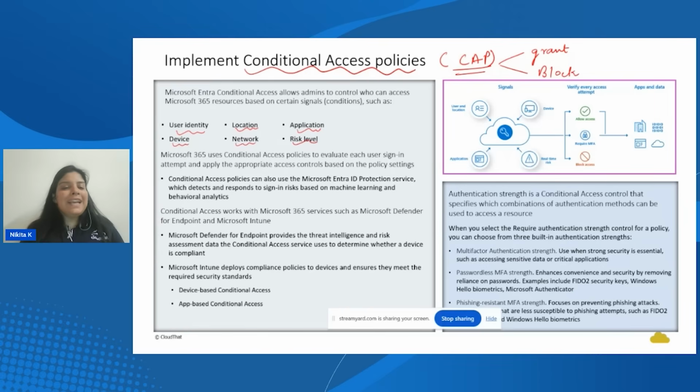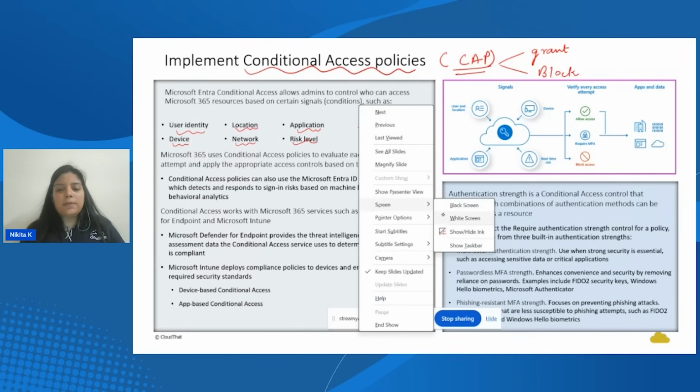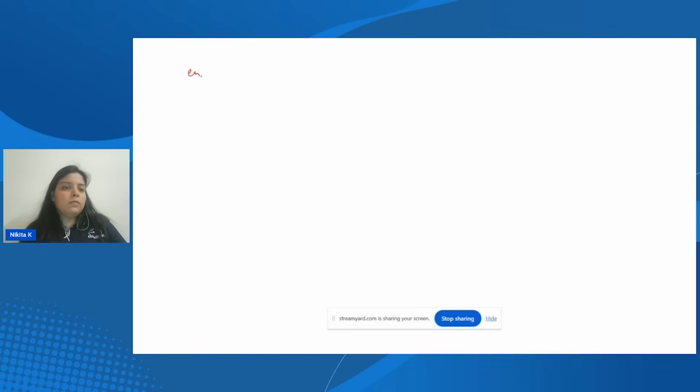But for doing it, as I said, the license will be required on your Entra. So for using your Entra service, you will require the license and the role. When we talk about the license, you can have an E3 license or an E5 license.